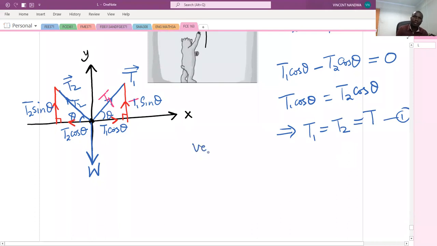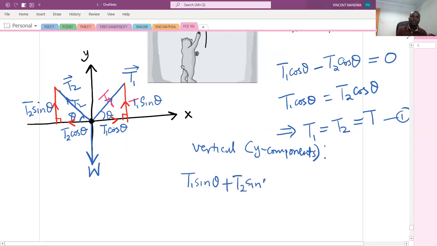And then vertical, that means the y component. So we'll have T1 sine theta plus T2 sine theta minus W should give us 0, because the weight acts downwards and is taken to be negative.